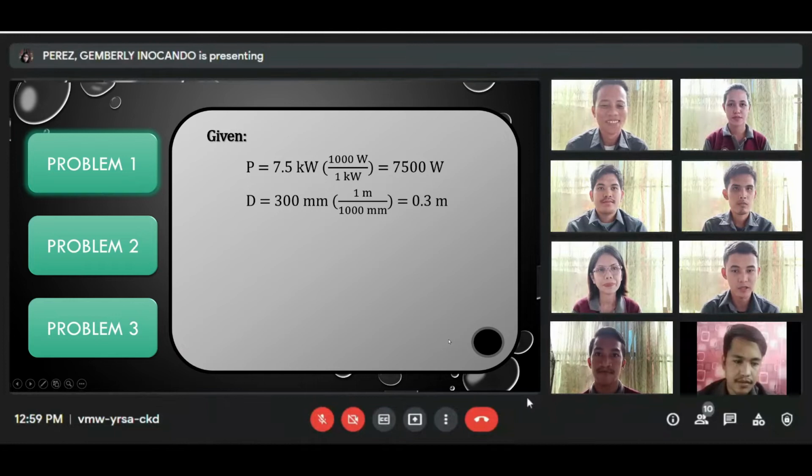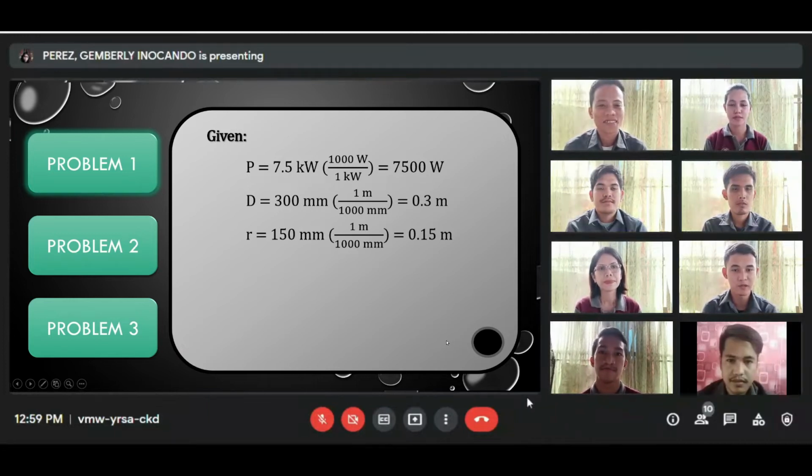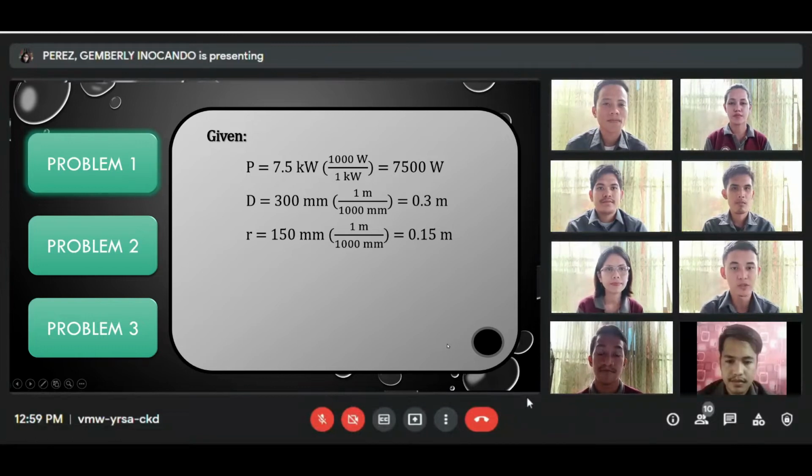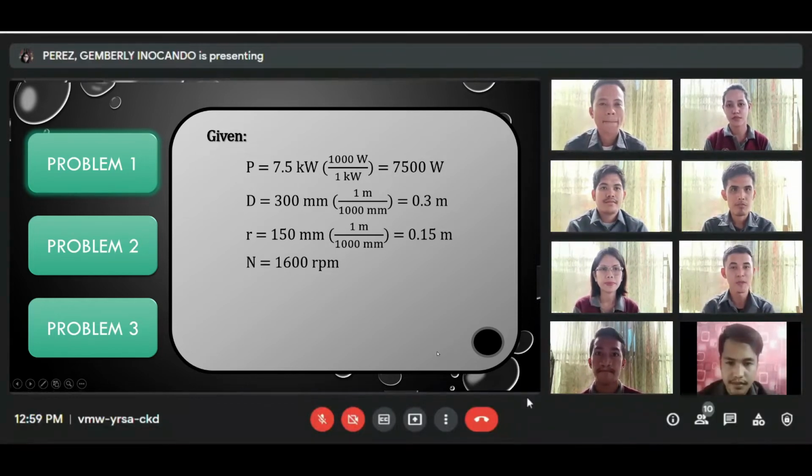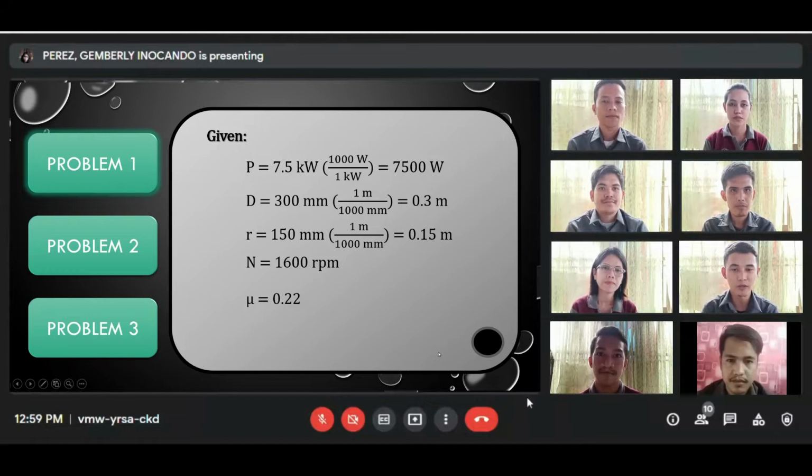And we have our radius, 150 millimeters. Again, we need to convert millimeters into meters. 1 meter is equivalent to 1,000 millimeters, so it is equal to 0.15 meter. And also we have our speed, N, which is 1,600 RPM. And our coefficient of friction, which is 0.22.